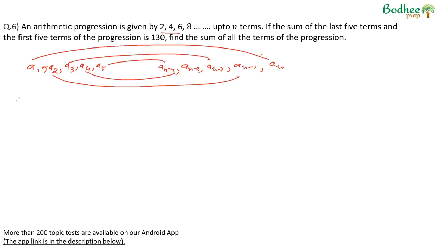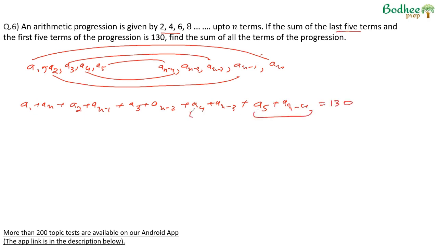So if we add these terms, we'll have A1 plus AN plus A2 plus AN minus 1 plus A3 plus AN minus 2 plus A4 plus AN minus 3 plus A5 plus AN minus 4. The sum of the last 5 terms and the first 5 terms is 130.